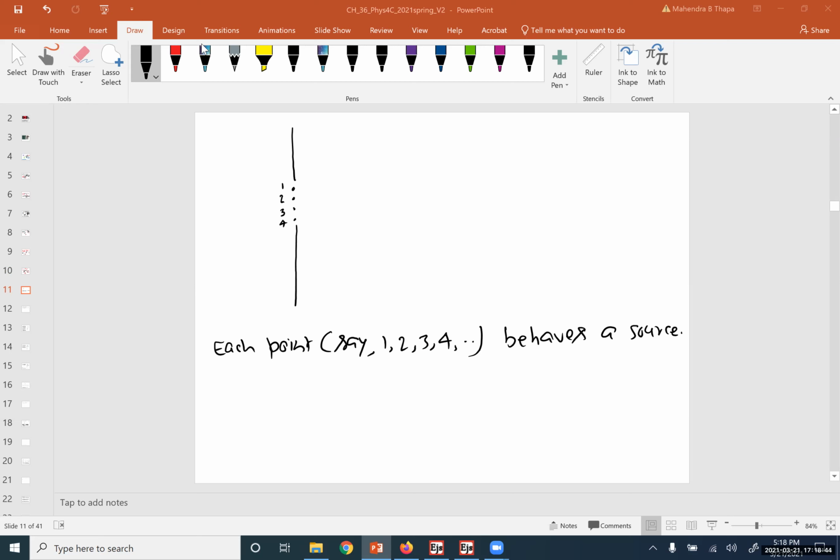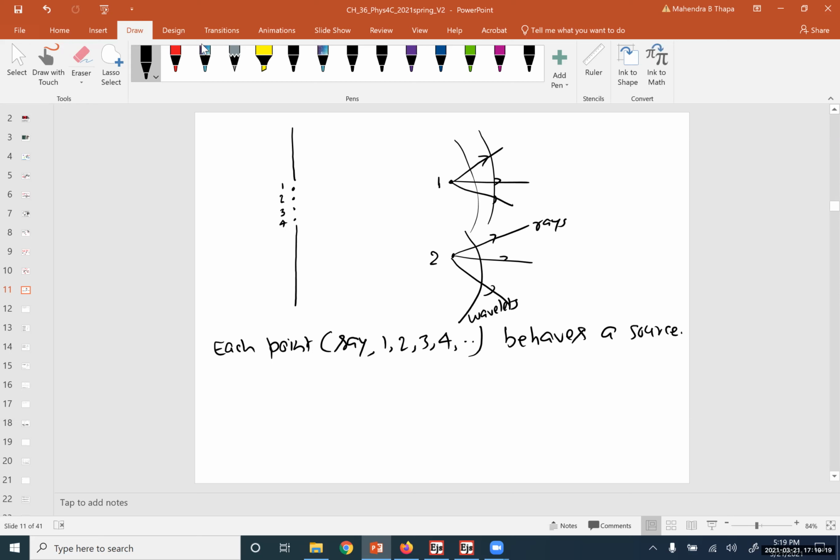If point 1 is a source, it will emit light everywhere, and this is the wave front. If I consider point 2 as a source, it also emits light everywhere. These are the rays, and you can call these wavelets.